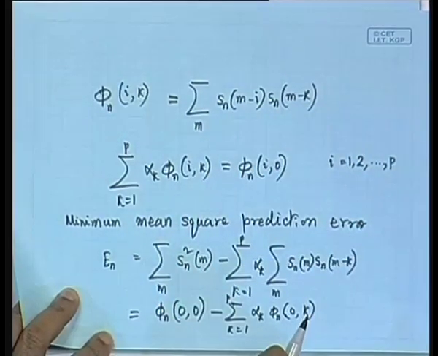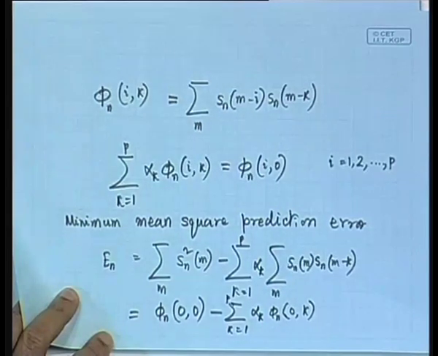Now, this S_n[m] itself is restricted, okay, in that it is 0 outside the range of m lying between 0 and capital N minus 1.